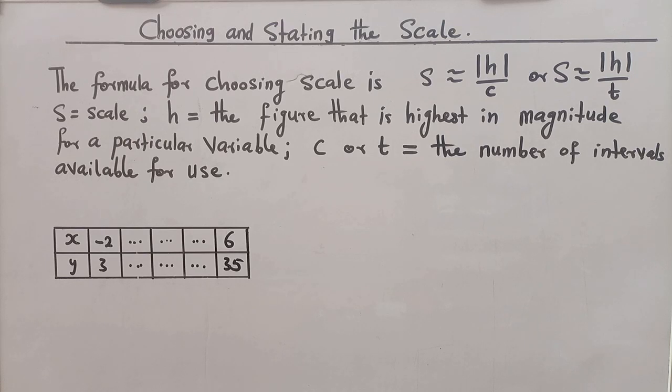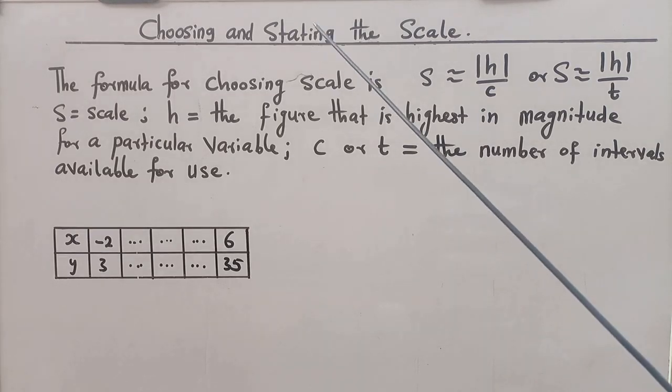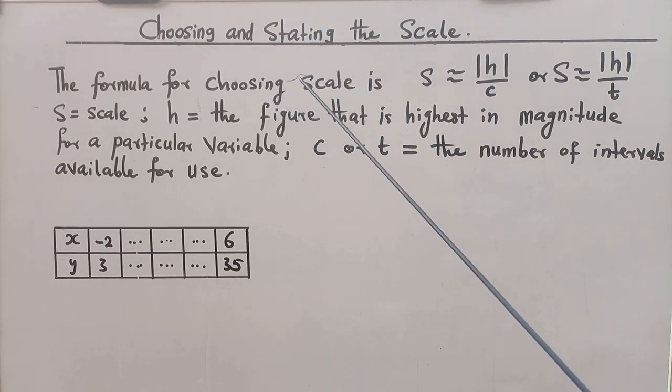Each graph being plotted has its own scale that must be used for calibration. Therefore, each table determines the scale. In a short while, we will see how this table will help us to illustrate how to choose a scale. But before then, look at how to choose a scale.